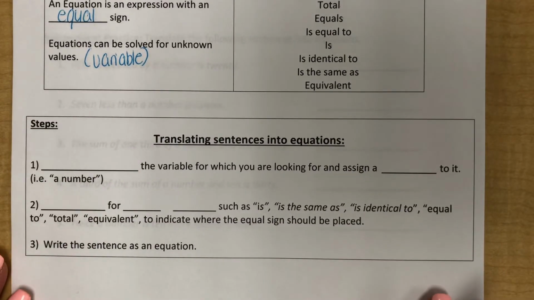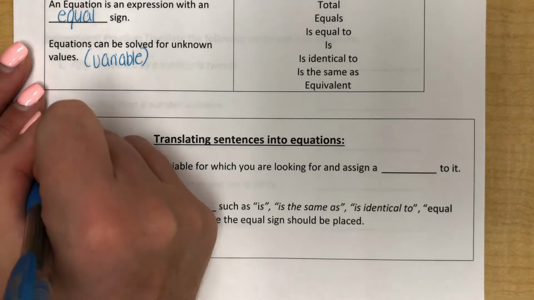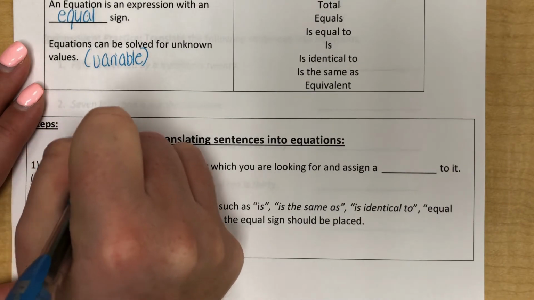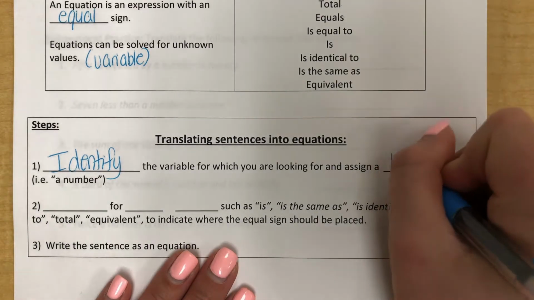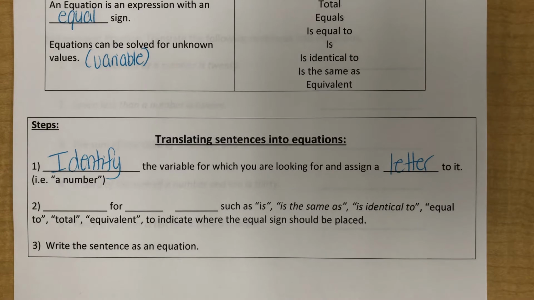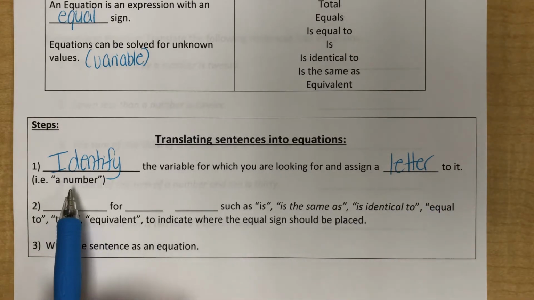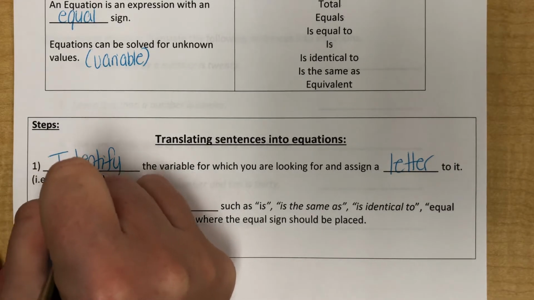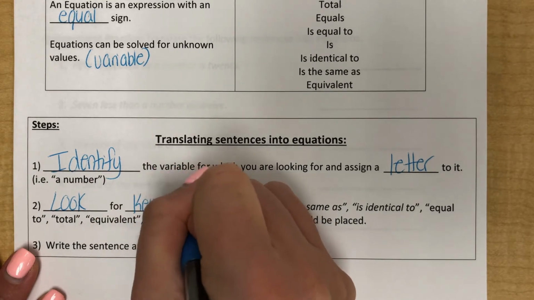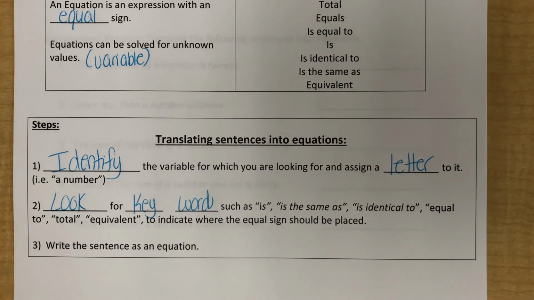So now as we look at our steps that we're going to follow for today, the first step says that we want to identify the variable that we're looking for, and we want to assign a letter to it. When I'm assigning a letter, that really represents some type of number, okay? Number 2, I'm going to look for any keywords such as is the same as, is identical to, equal to, total, equivalent, to indicate where the equal sign should be.